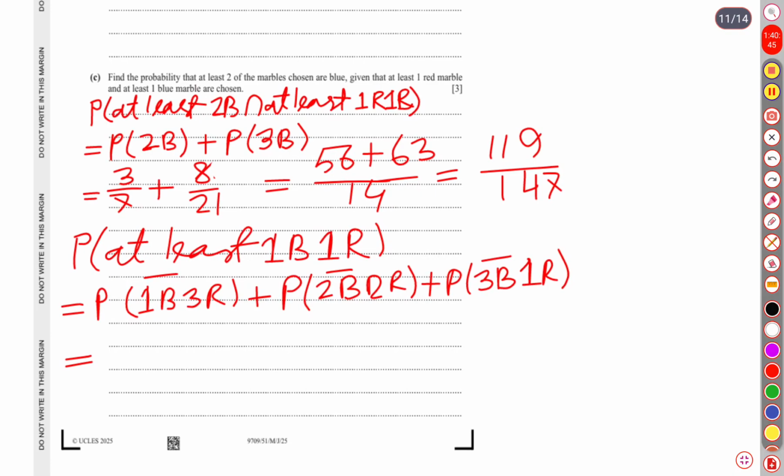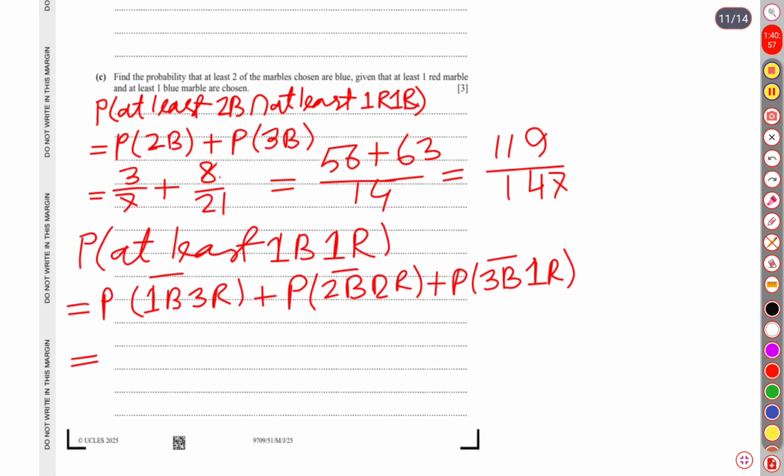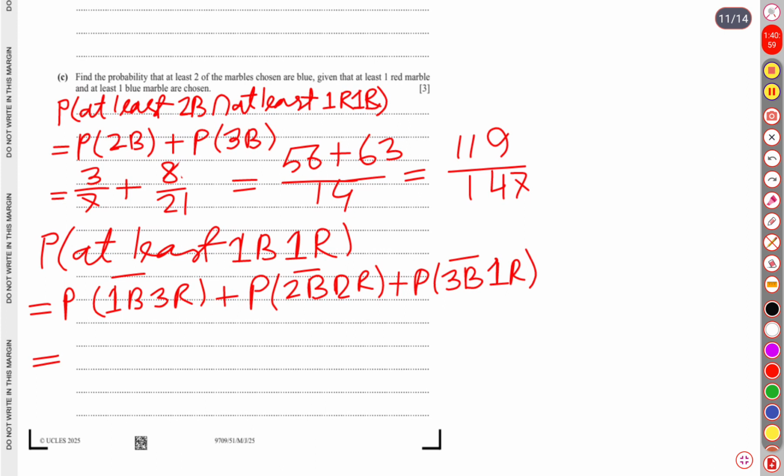But you may ask why we are not writing the probability of four blue marbles. If all four are blue, then this condition, that there should be at least one red, fails. So all of them can be neither red nor blue. Maximum three can be either blue or red.